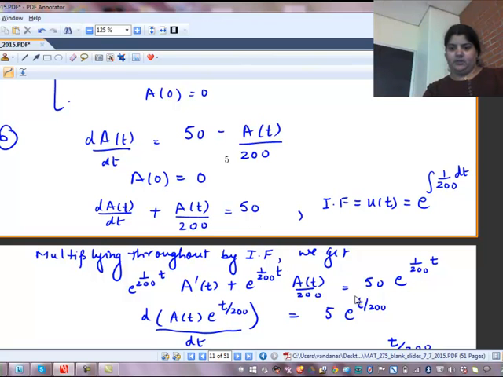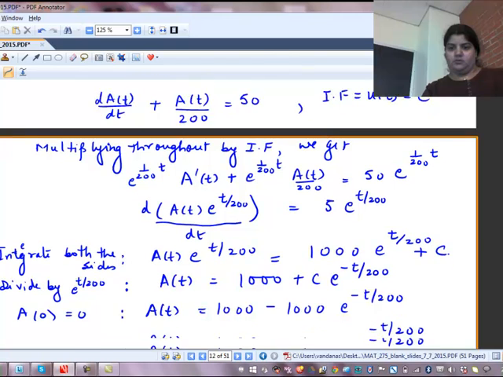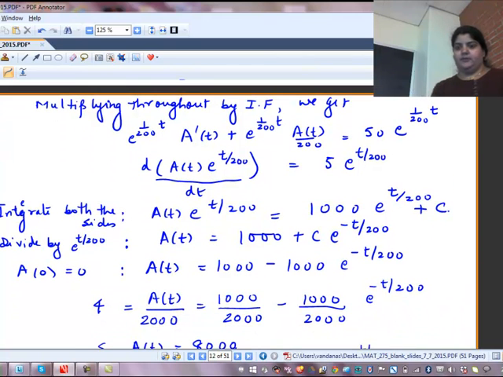Oh, how did I get 5 when there is a 50 here? I missed this, it should be 50. So where is the change then? It is 10,000, not 0. We are integrating with the side, so it should be 10,000, right?